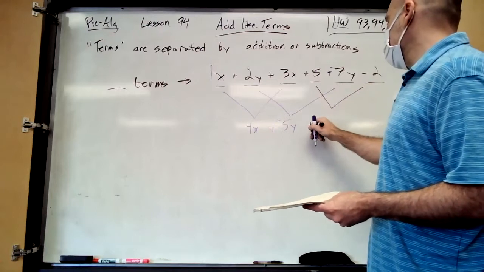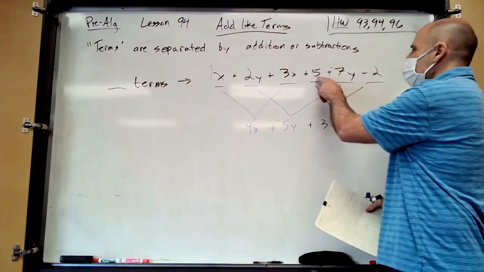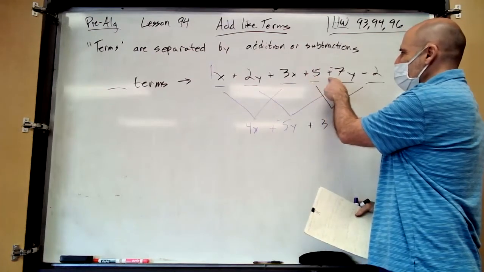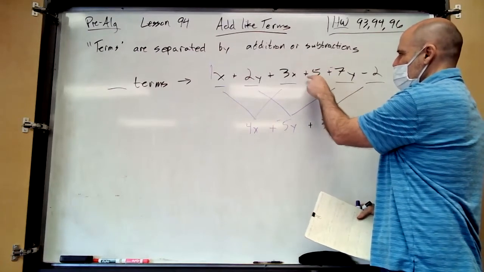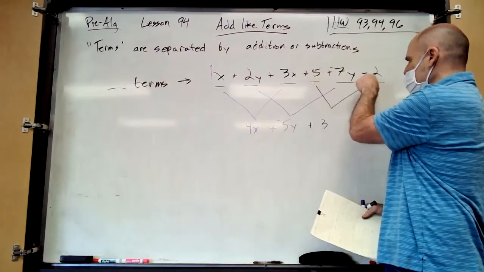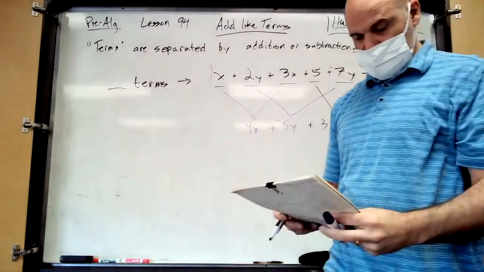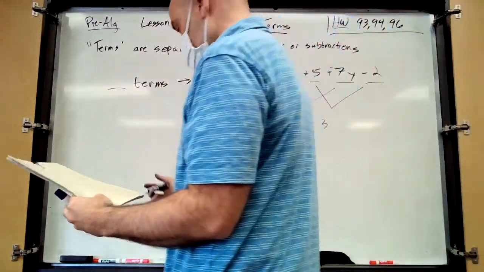What is that? Just a 3, right? Okay, so you follow whatever's in front of it. So this is a +5 combined with a -2. It's a +3.